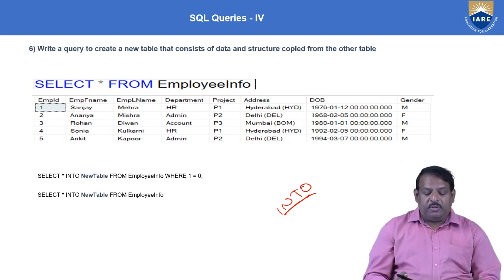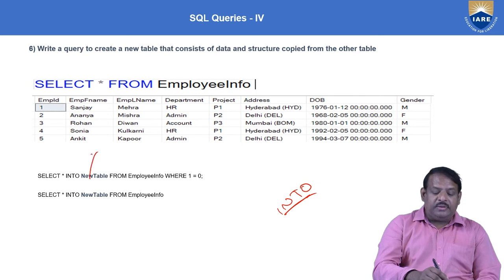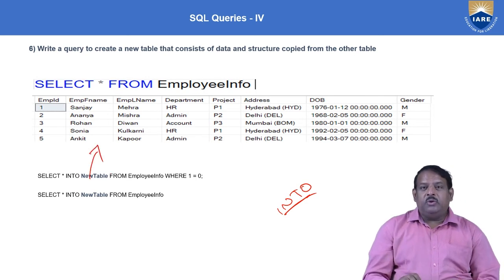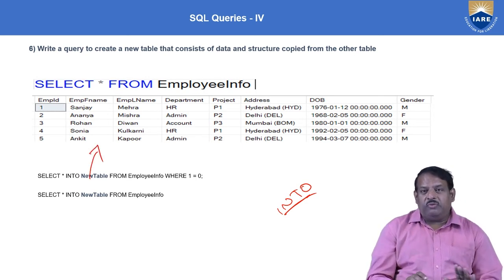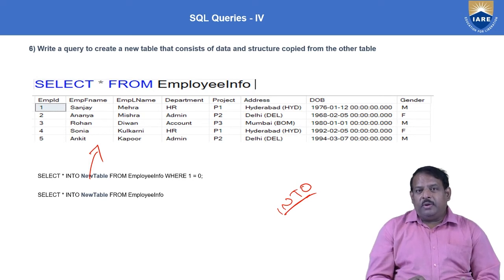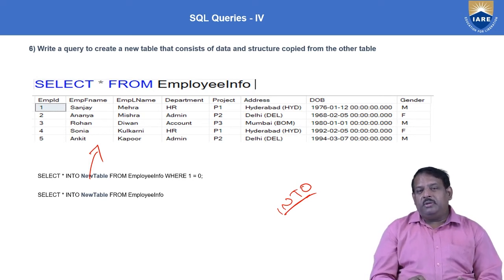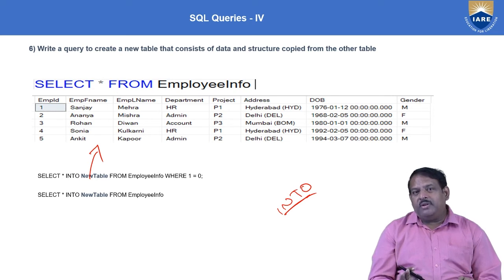You just have to make sure that this new table does not already exist in the database. If the new table exists, your query is going to fail, saying the table name already exists, because in the DBMS every object is unique. You cannot have duplicate table names in your database.